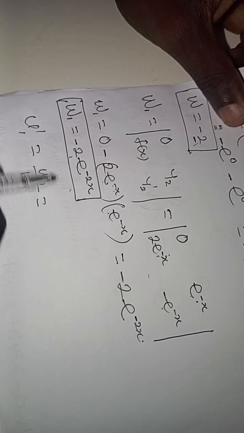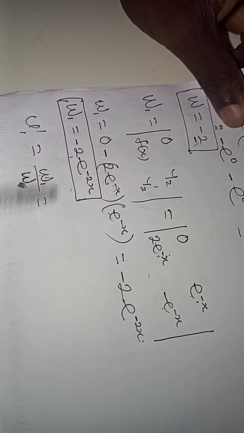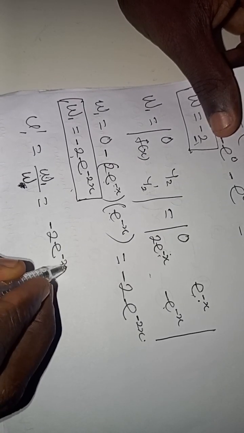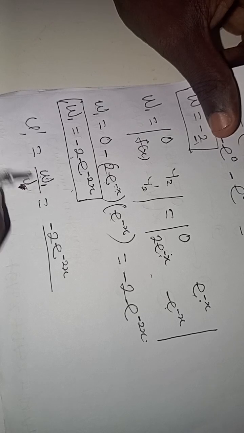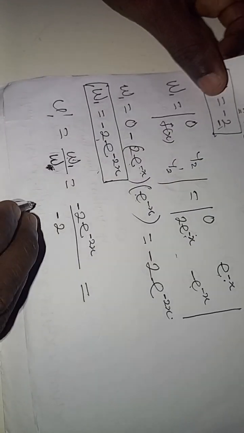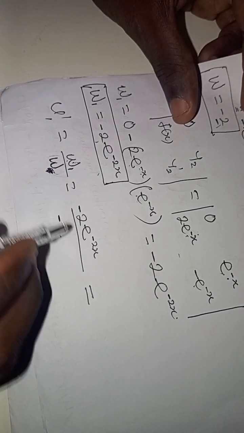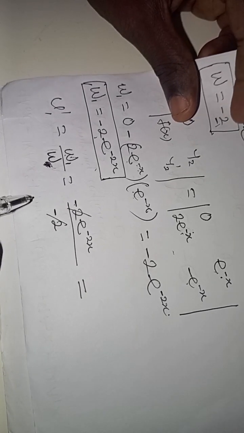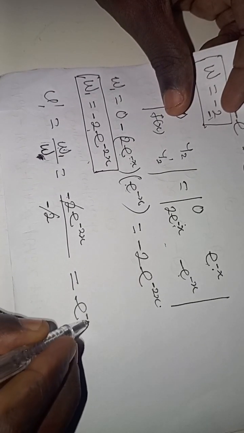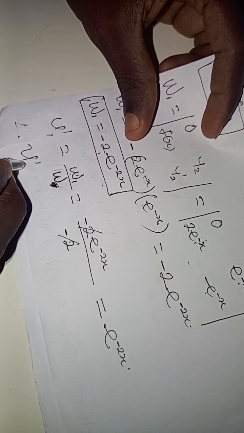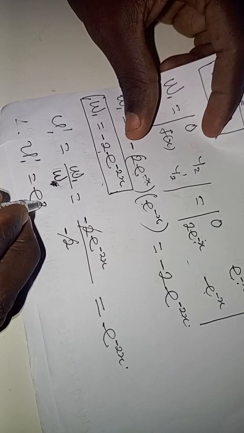It means that my u1 prime is equal to w1 over w. My w1 is minus 2 exponential minus 2x, over my Wronskian, w, which is minus 2. So these two minus 2s can cancel out, and I'm left with exponential minus 2x. So my u1 prime is equal to exponential minus 2x.